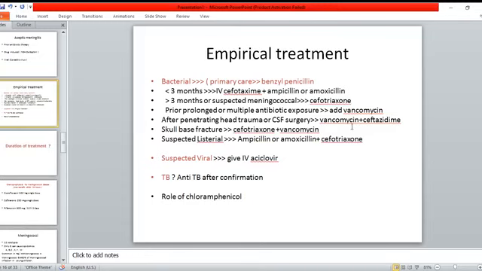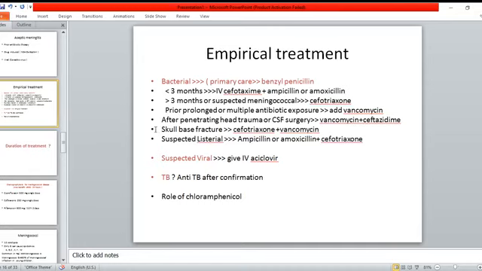ceftriaxone. If we have a penetrating head trauma or CSF surgery, usually you need vancomycin to cover for Staph aureus. As I said, with CSF surgery or penetrating head trauma, it's usually Staph aureus, so cover with vancomycin and ceftazidime too.